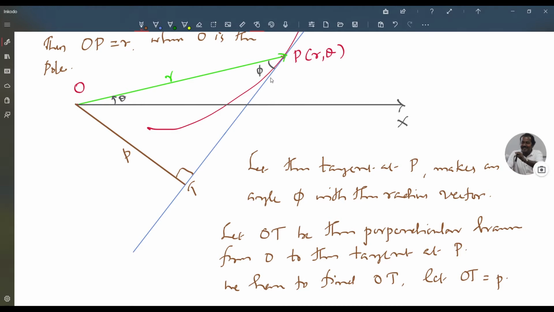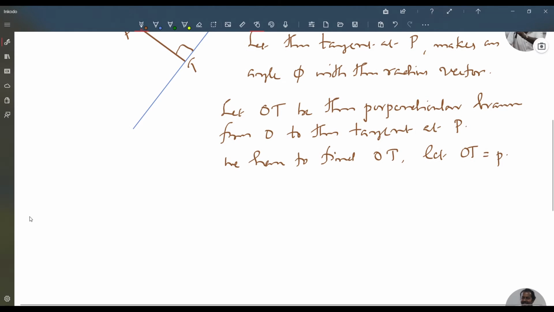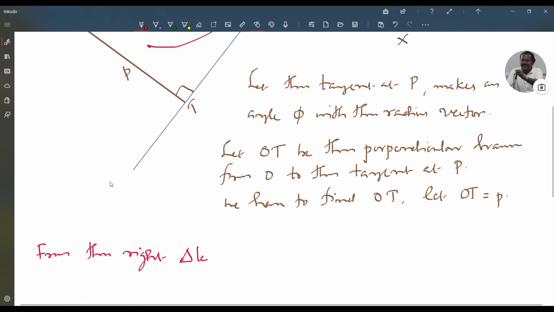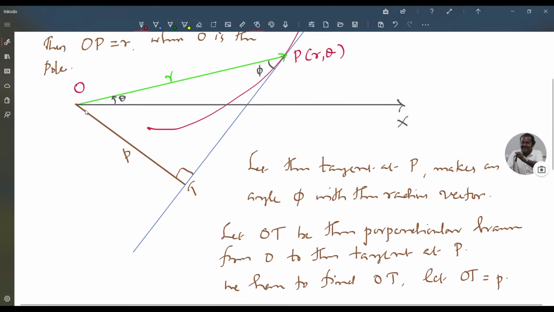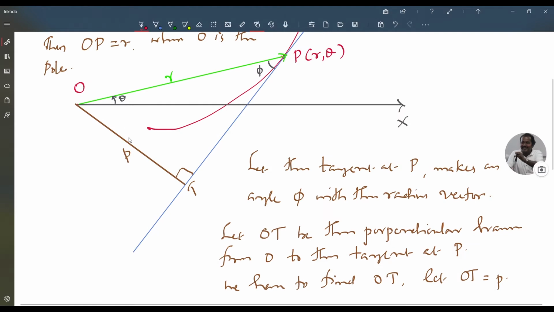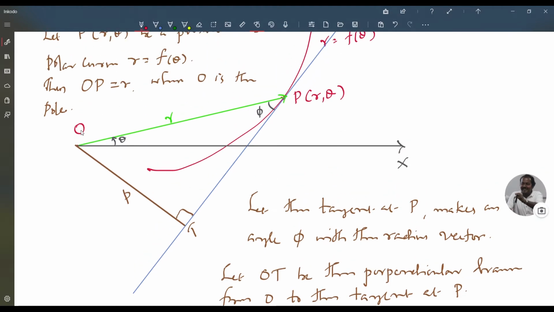From the right triangle OTP, we have sine phi equal to OT divided by OP.